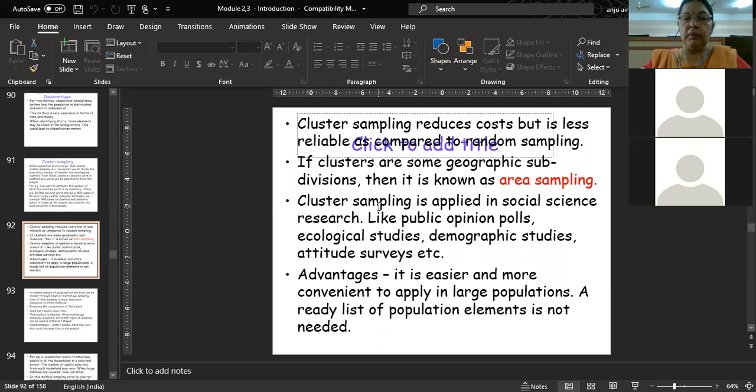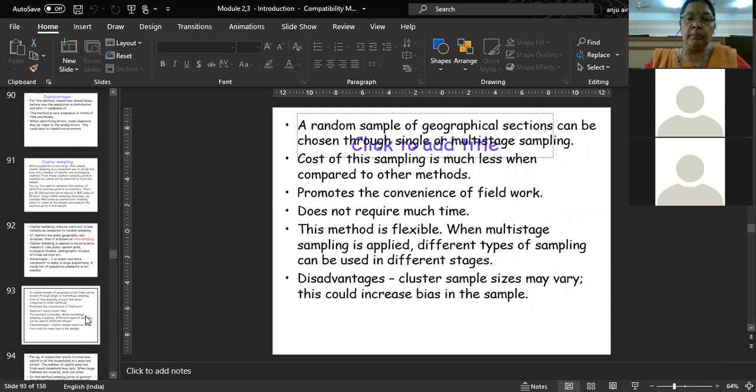So what is the advantage of this cluster sampling technique? It is very convenient to take a sample from very large populations by using this sampling technique. So it is an easy, convenient way to take a sample from large populations. You don't need a list of the population. You don't need information about the population.